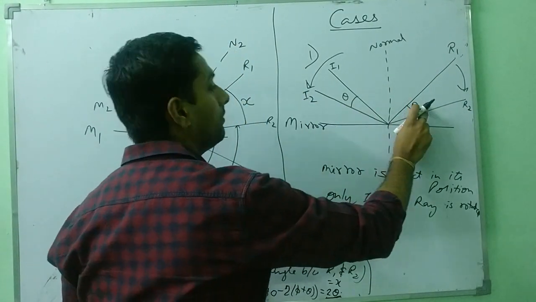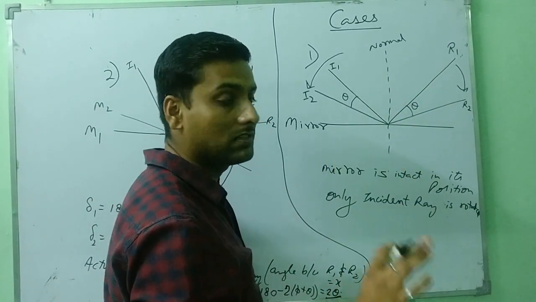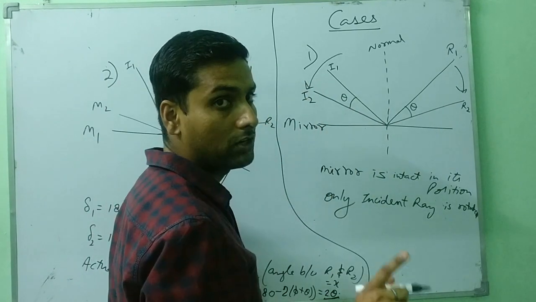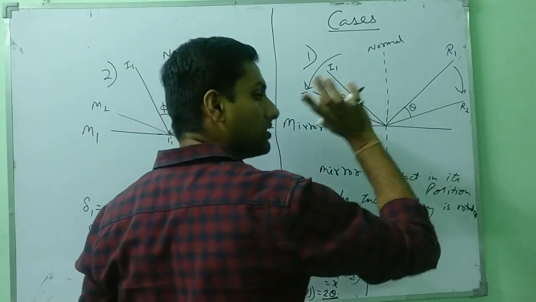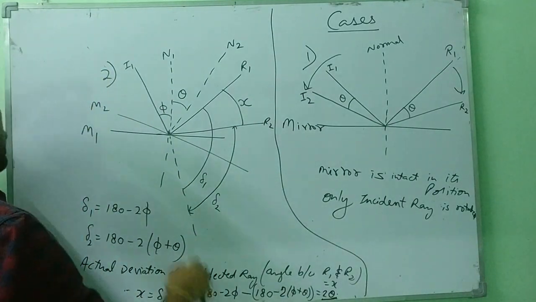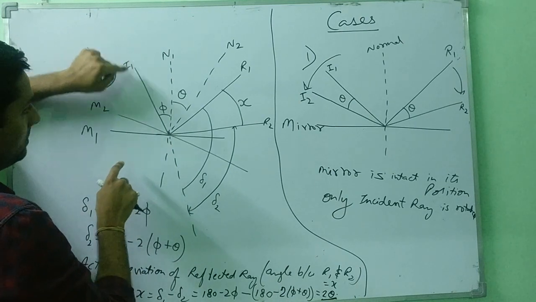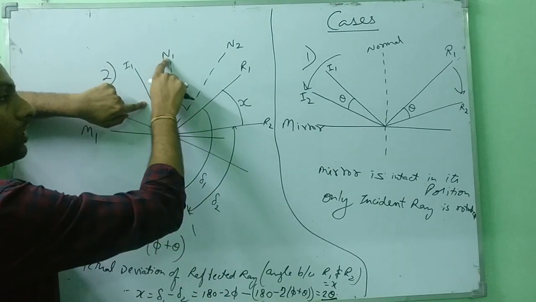Otherwise, the angle of deviation in both cases, that is the incident ray and the reflected ray, when the mirror is in the same position and is not being shifted, remains the same. Understood? But in the case where earlier the mirror was at n1 and the normal was n1, the incident ray was making an angle phi with the first normal.